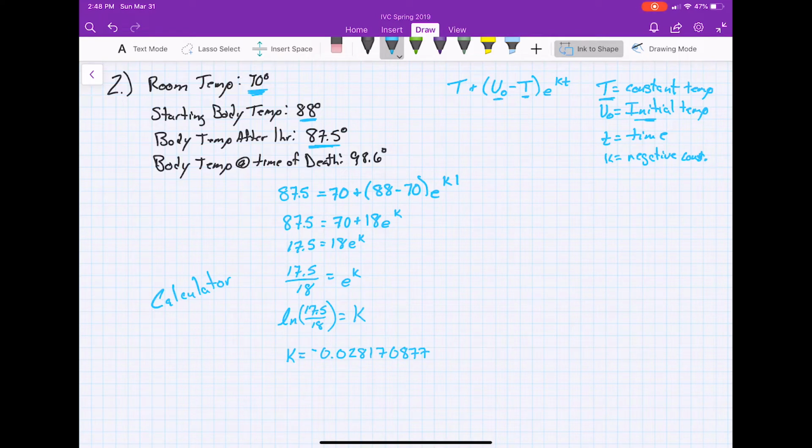So where do we go from here? Well, now that we know what k is, and we know our body temperature at the time of death was 98.6, we set the whole function equal to 98.6. So 98.6 is equal to 70 plus 18e to the negative 0.028170877t, because this time we are looking for t.